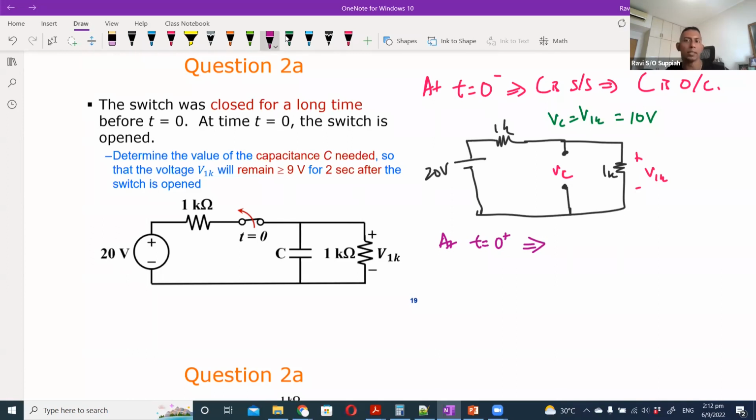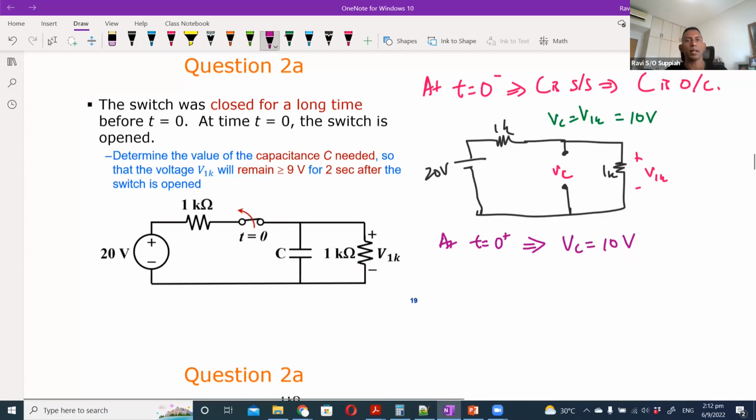Which means that whatever the condition was at 0 minus is the same situation at 0 plus. So at 0 minus, if I was at 10 volts, at 0 plus, at the very initial point where I flip the switch, it is also going to be the same. That means VC is still going to be 10 volt.